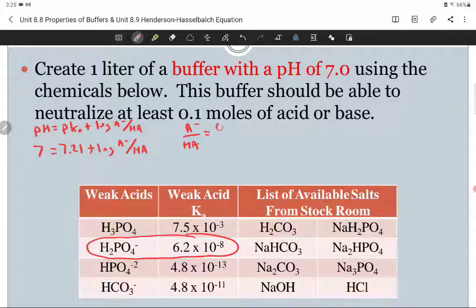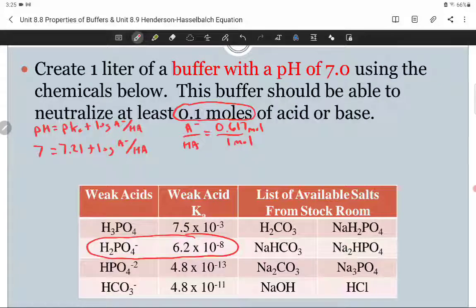And that ratio comes out to be this. Again, technically those are molarities, but we can easily do moles. Now, it has been told to us that we need to be able to neutralize 0.1 moles. Well, we can neutralize 0.617 of acid with our conjugate base that's in there in that math.